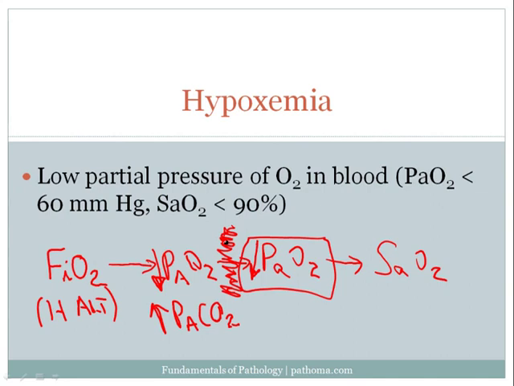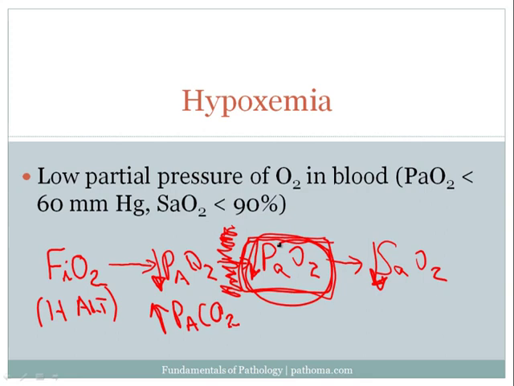So again, I think if you understand the general idea here, it gives you a very good grasp on what we mean by hypoxemia. Now, obviously, anytime the PaO2 goes down, that's also going to decrease the SaO2, because this is the pressure that actually was creating the SaO2. And you can review your oxygen dissociation curves, and you'll see that to be true as well if you were to correlate these numbers on the oxygen dissociation curve.